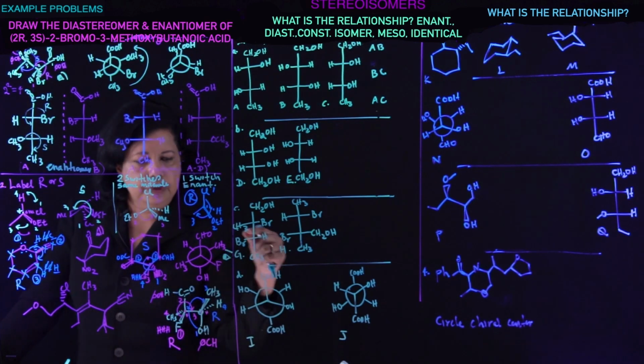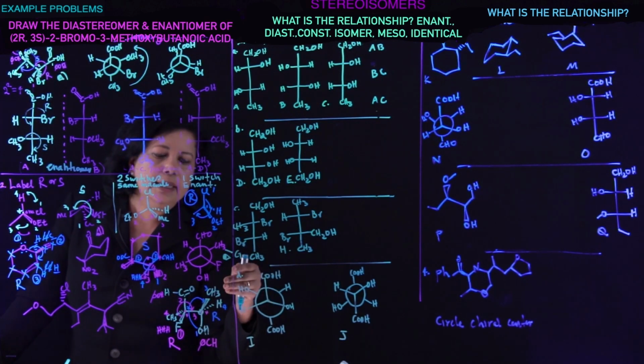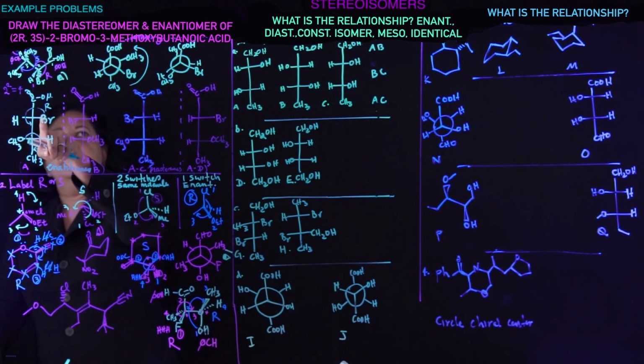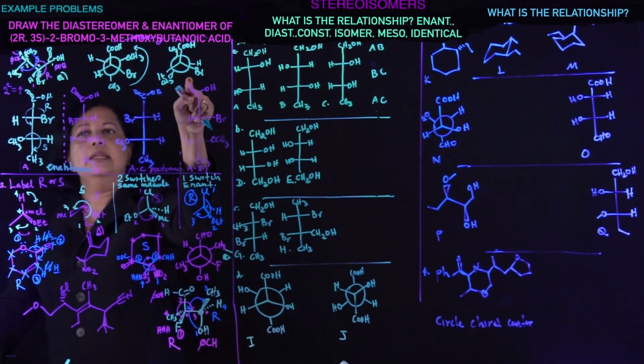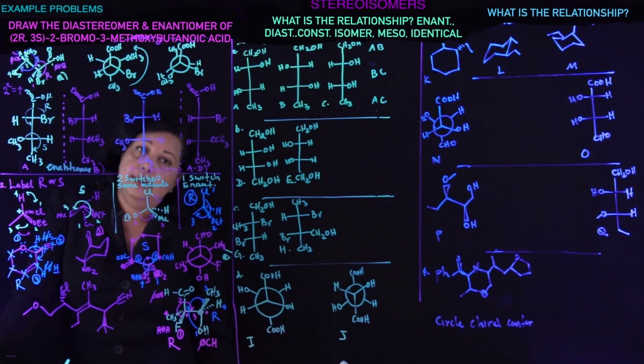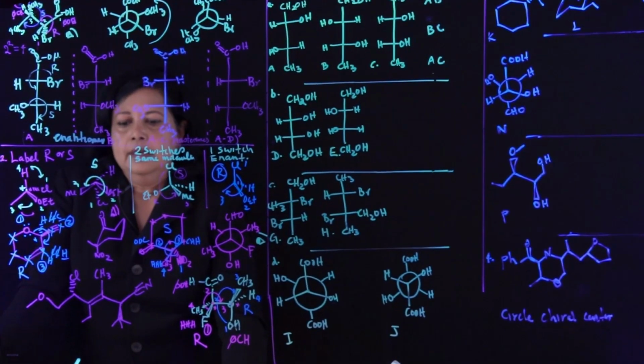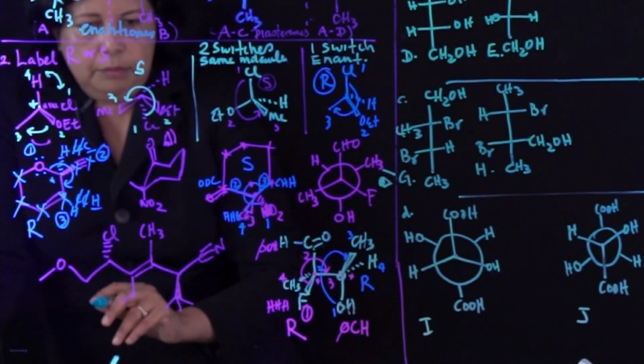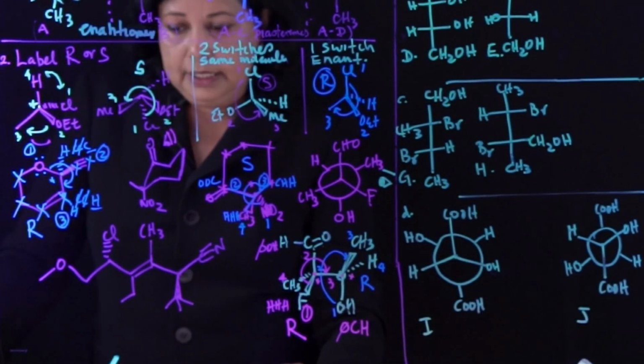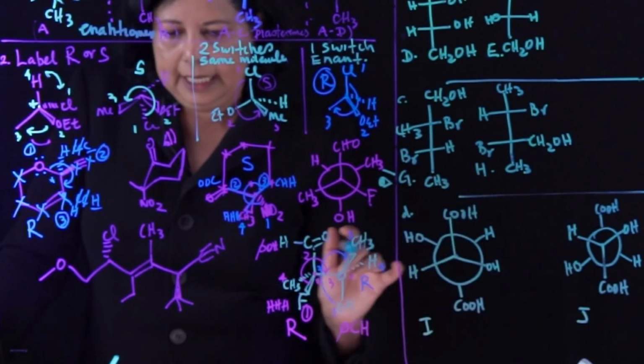Now if you don't want to look at it on the side, you can also do an eclipsed view and do a Fischer projection and know that that'll be fine. So over here, here's a big molecule. Where do you even start? Just start from one end and label them.